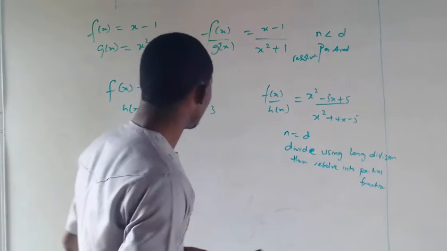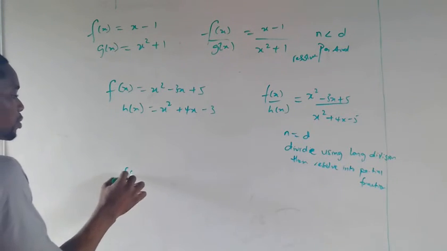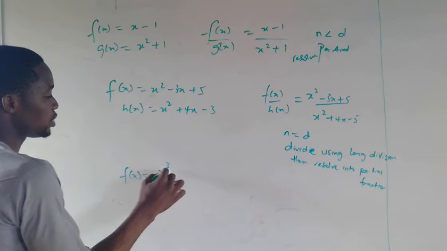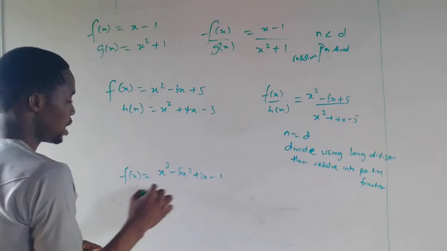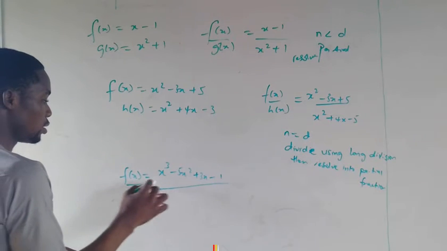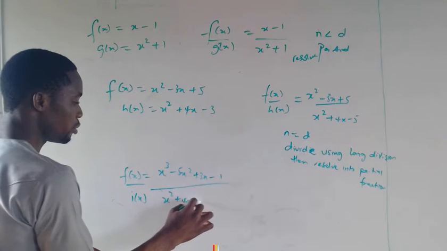The third condition, which is the last condition, is if I notice that my numerator's power is more than, let's say, x cubed minus 5x squared plus 3x minus 1, over i of x, which is x squared plus 4x minus 3.